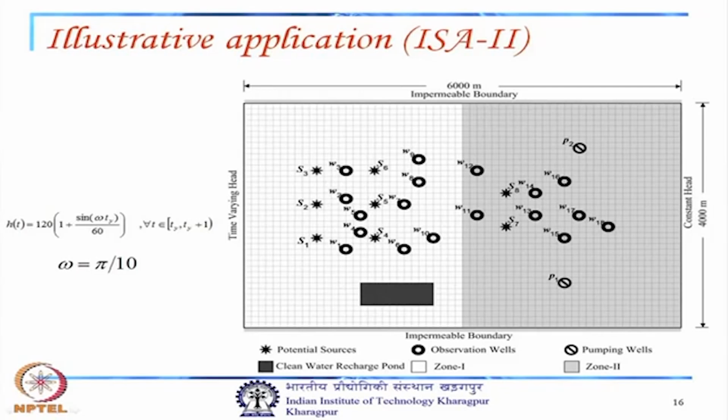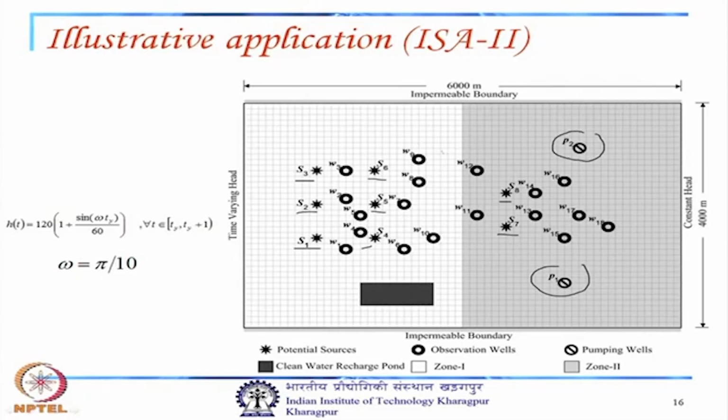And in this case we have 1, 2, 3, 4, 5, 6, 7, 8 sources or potential sources, and this many pumping or observation wells, and these two are basically pumping wells.